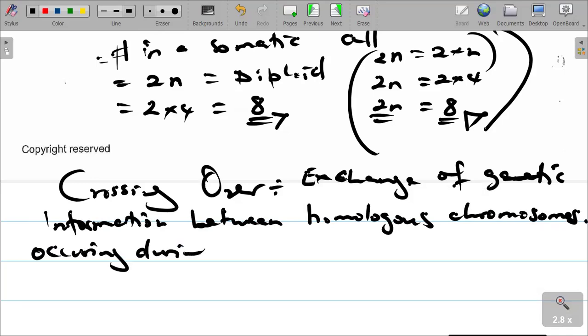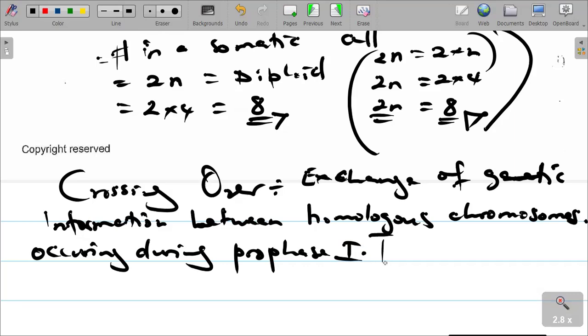It results in new combinations of alleles on the chromosomes that increase genetic variation.